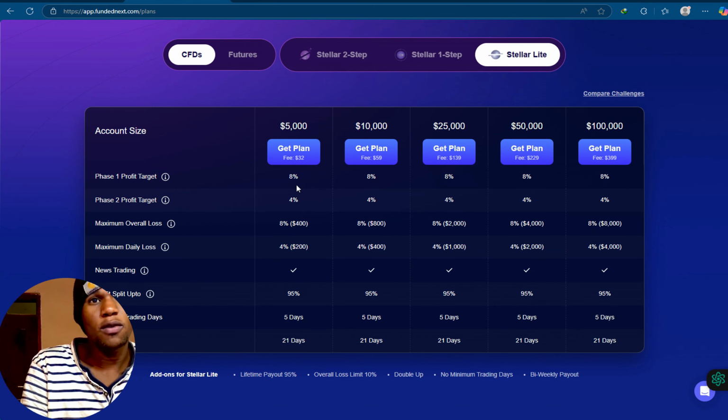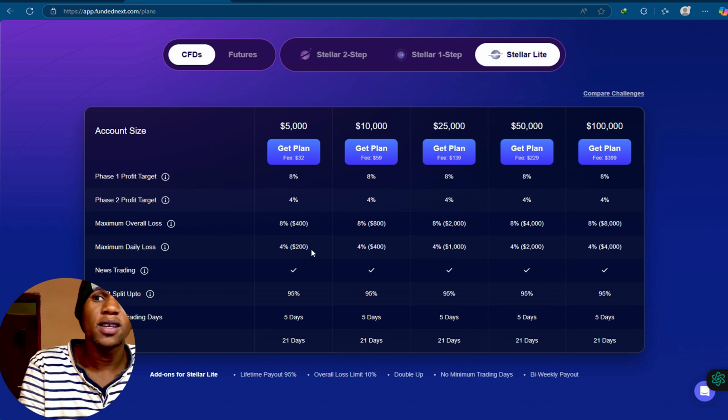I would like to first go for the Stellar Lite challenge because it's a bit cheaper, and as you can see, the phase 1 profit target is 8%, and the phase 2 profit target is 4%. The overall maximum loss is 8%, which is $400, and the maximum daily loss is $200, meaning that if you're a good trader, you can blow this account in 2 days.